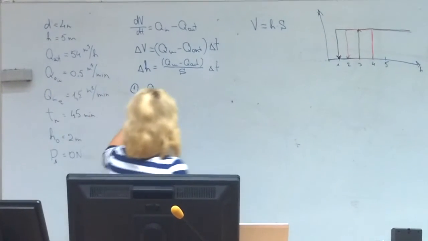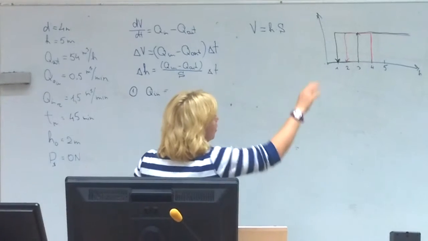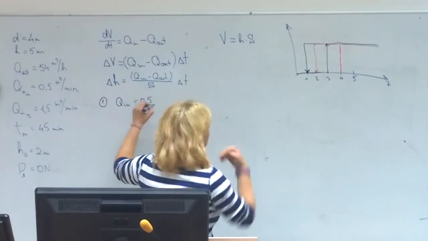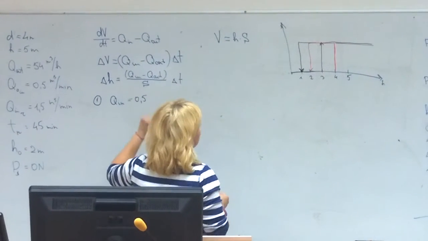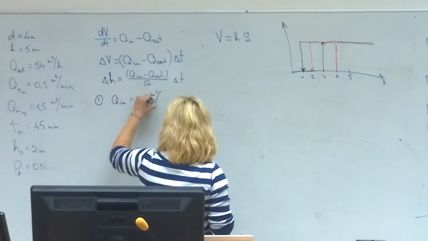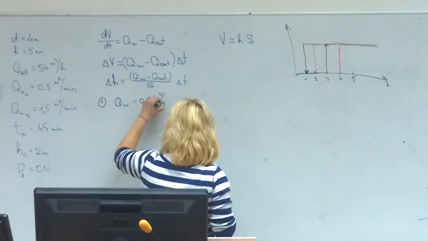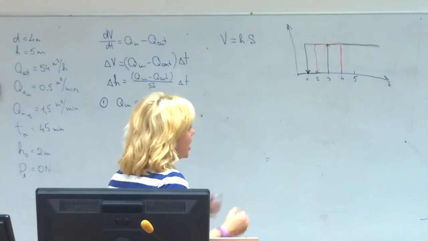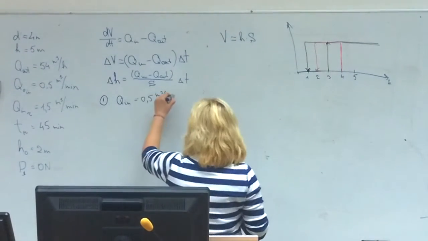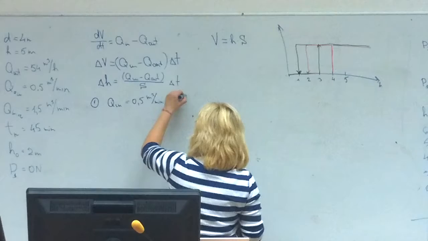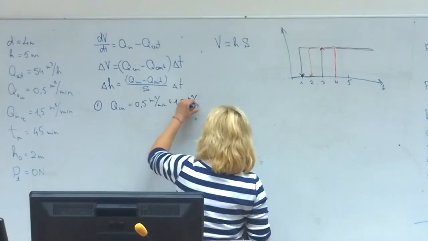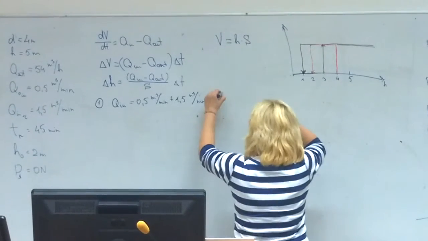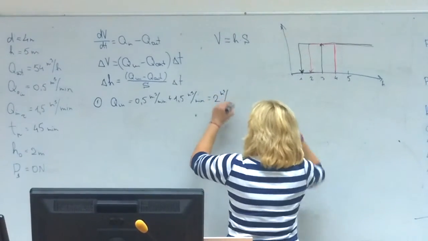First of all, just ordinary inflow, common inflow from different sources, which is equal to half of a cubic meter per minute. And I have a rain condition here also, per minute. So it will be 2 cubic meters per minute.